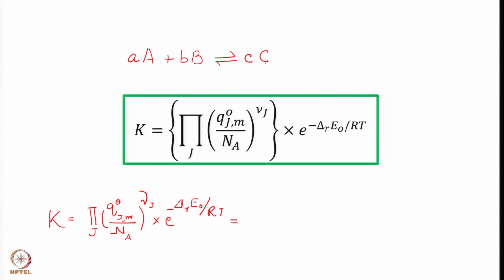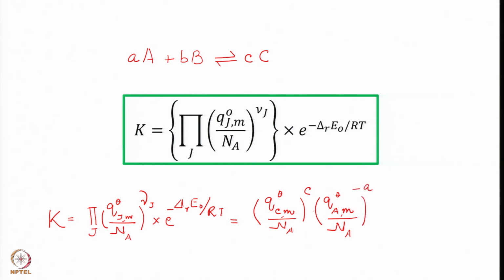Positive for the products. The product is C, that means Q_C,m naught by N_A raised to the power c, into Q_A,m naught by N_A raised to the power minus a.